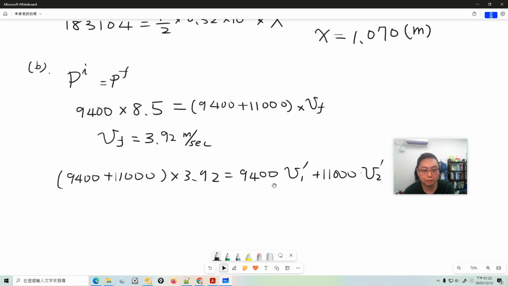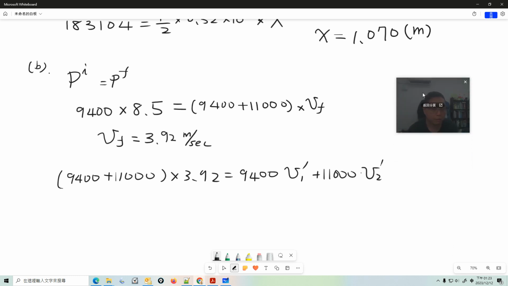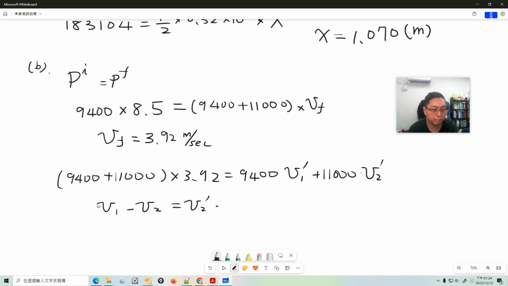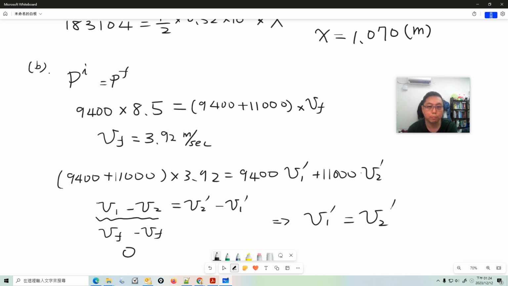And the other equation: V1 minus V2 equals V2 prime minus V1 prime. V1 and V2 are both VF, so this is zero. So after the second part of the collision, V1 prime equals V2 prime. So we have these two equations.